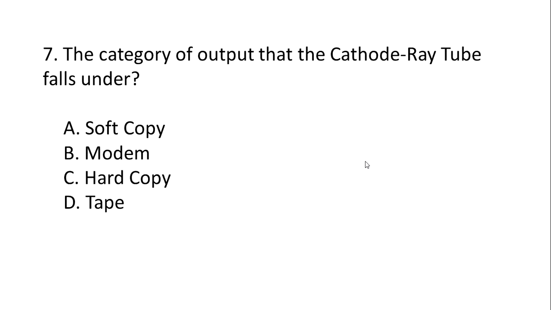The category of output that the cathode ray tube falls under: soft copy, option B modem, option C hard copy, and option D tape.